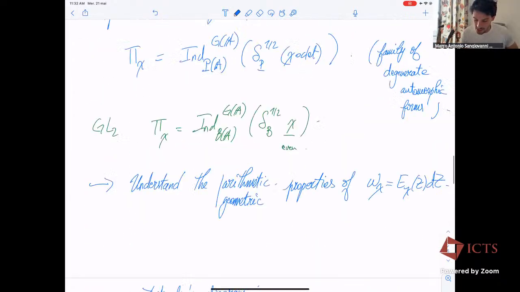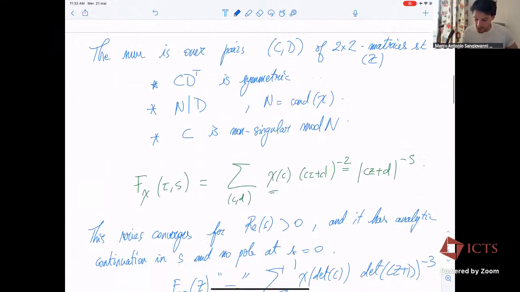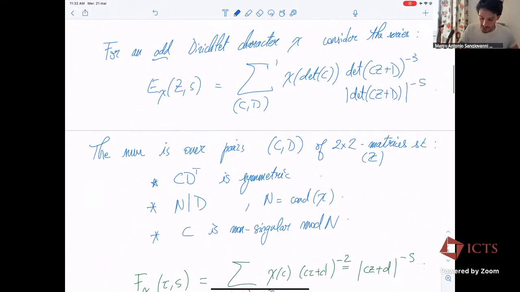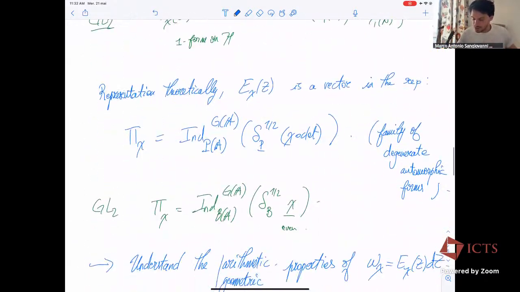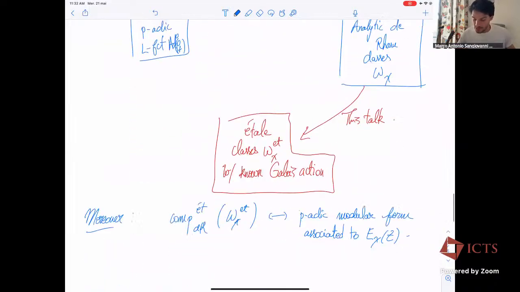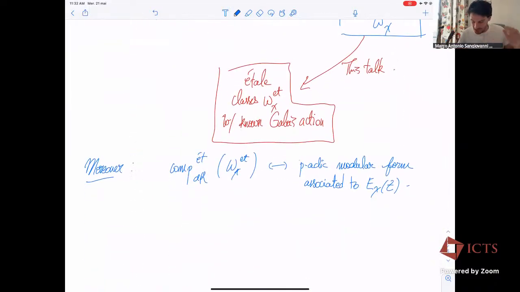So here there is a slight lie. In this series that I defined, there is a normalizing factor that is used so that the Fourier coefficients are algebraic, etc. I will ignore this fact.